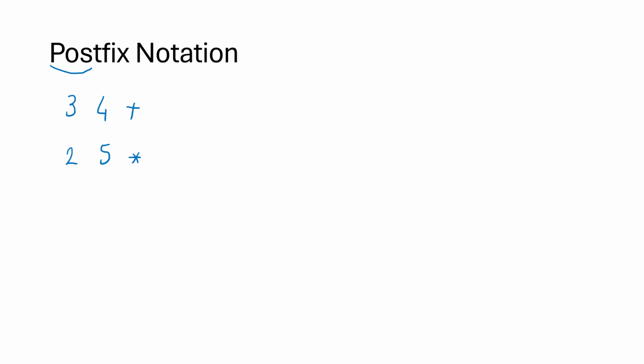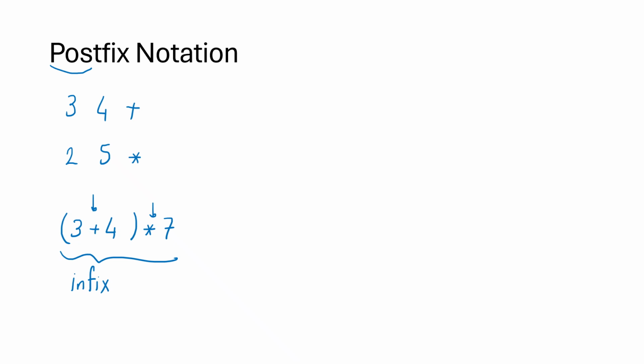Now, if you want something more interesting, for example, if you have 3 plus 4 times 7, and obviously, again, this is in infix notation, the standard way that we write them in mathematics, because here we are adding and the addition sign is between 3 and 4, and here we are multiplying and the multiplication sign is between the two numbers that are being multiplied.